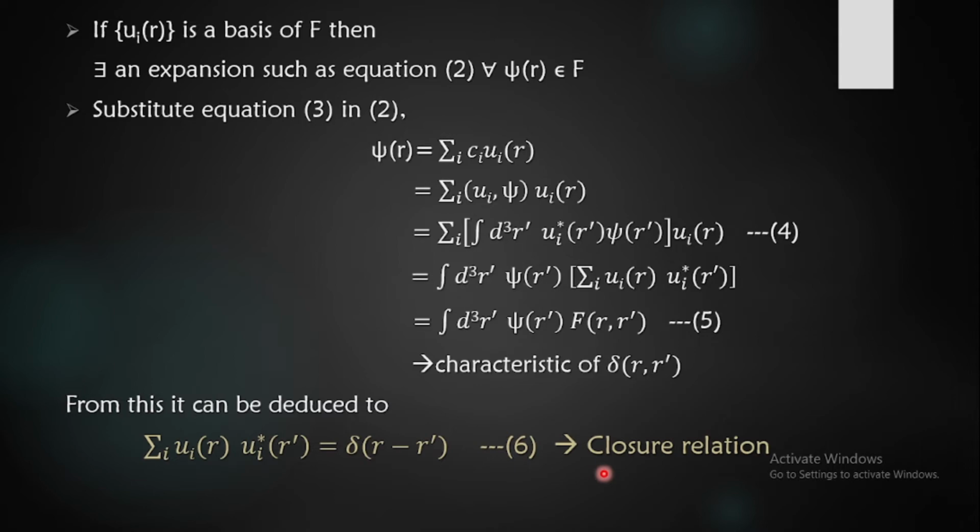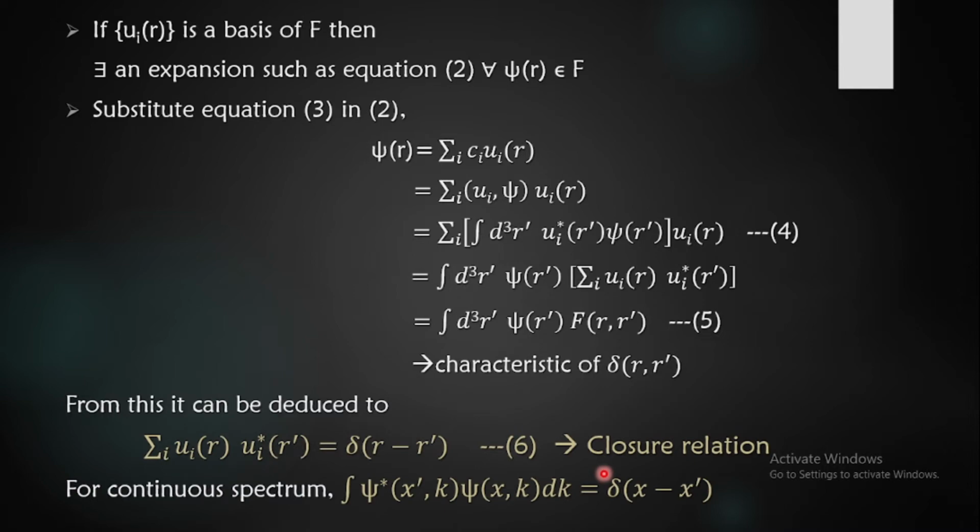And if you just want to know about the closure relation for continuous spectrum, then we can just write, instead of summation, integration is added. First term we are writing as the conjugate, that is xi star of x dash comma k into xi of x comma k into dk is equal to delta of x minus x prime.